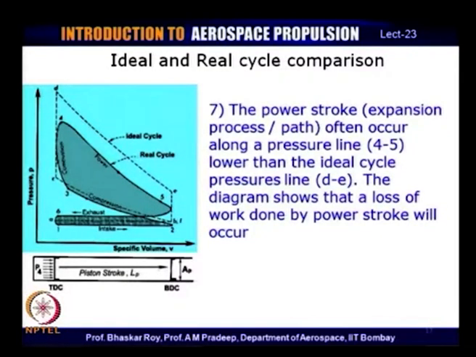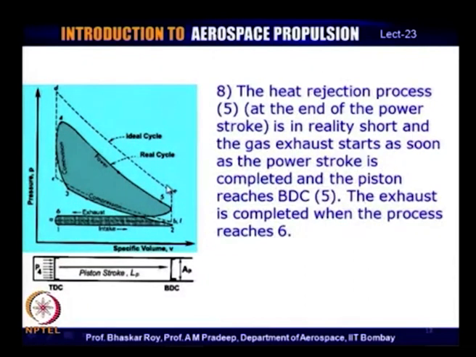So, the ideal process and the real process, as you can see, happen quite differently, because the motion of the piston, the burning of the fuel, all of it together finally creates what we call the real cycle. As a result the exhaust process is completed when it reaches 6. Now, this often occurs, as you can see, at a higher pressure.